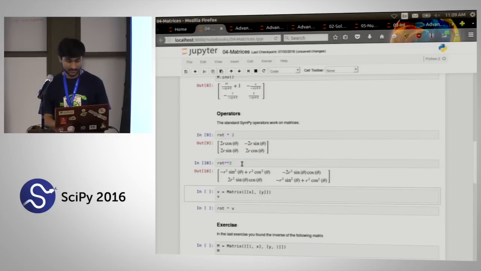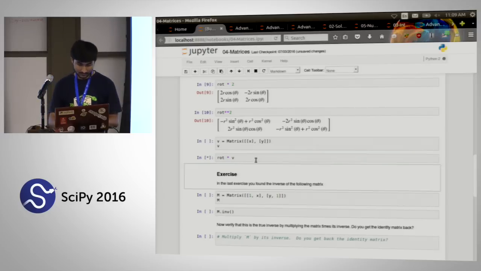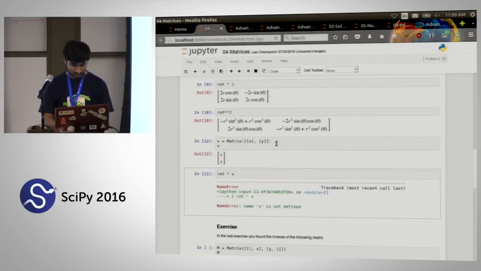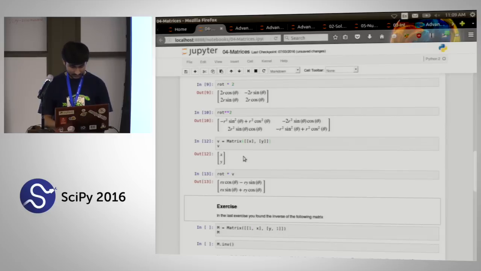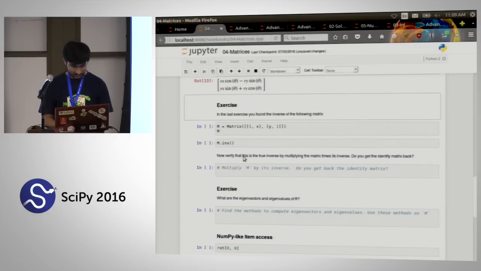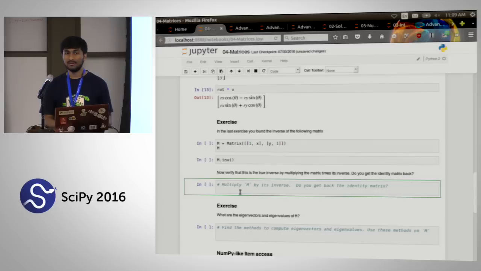So exactly what you expect here. You can verify if the inverse is correct by multiplying it by the matrix itself, and you should get an identity matrix.